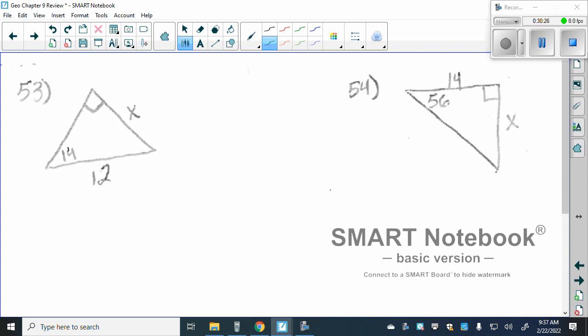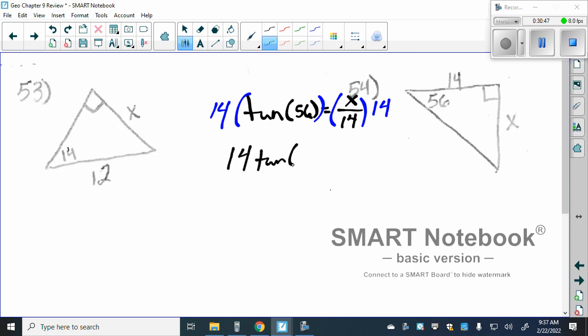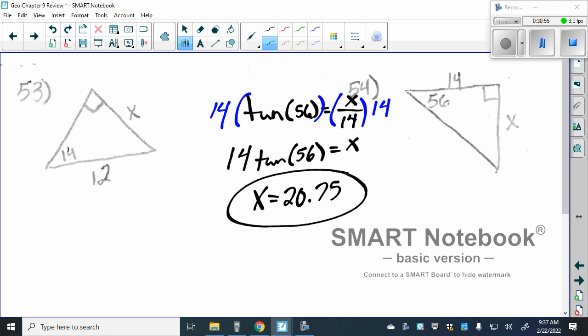So 54 would be tangent, because tangent of 56 is equal to the opposite side length x over the adjacent. And here we would multiply both sides by 14, telling us that 14 tangent of 56 is equal to x. And again at this point we can plug into the calculator 14 tangent of 56 and it would give us our answer.